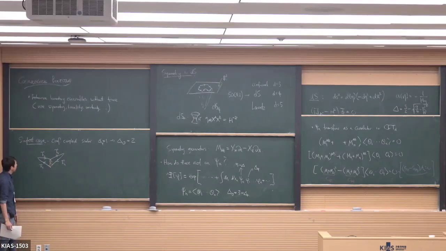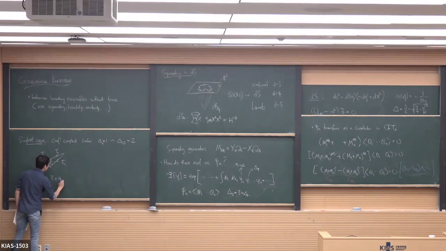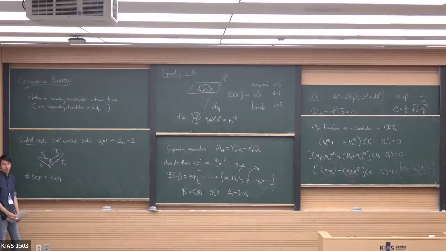So we have 4 spatial momenta. So the total number of degrees of freedom that describe this 4-point function is 3 times 4 to begin with. But there's a whole set of symmetry constraints that this 4-point function needs to satisfy.